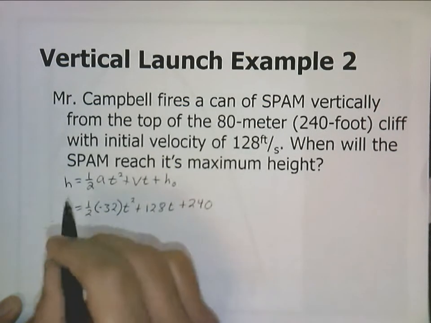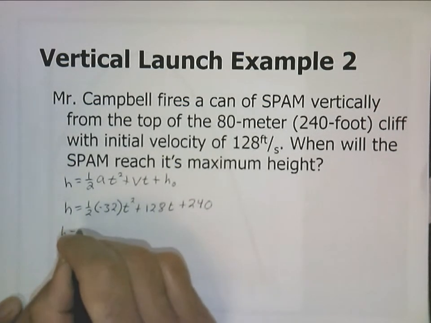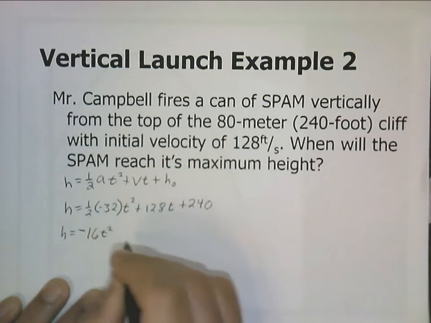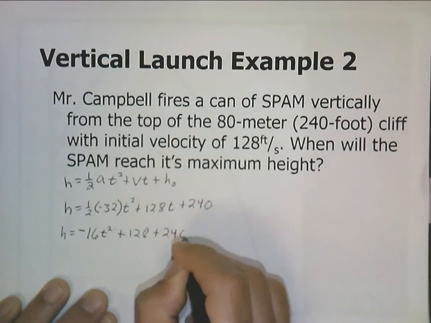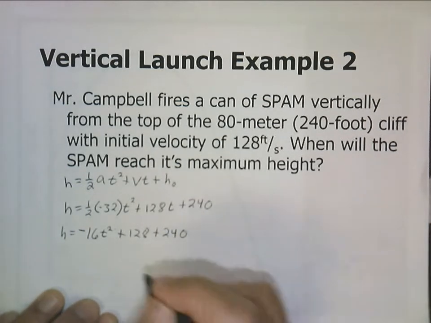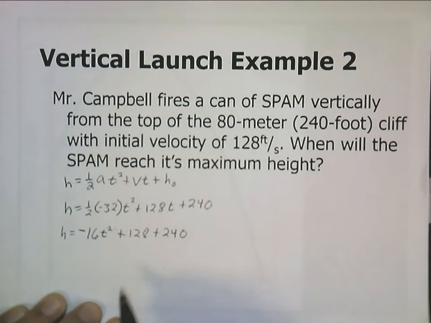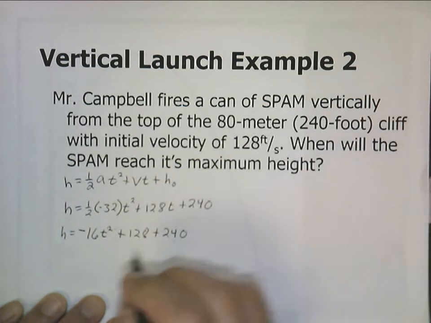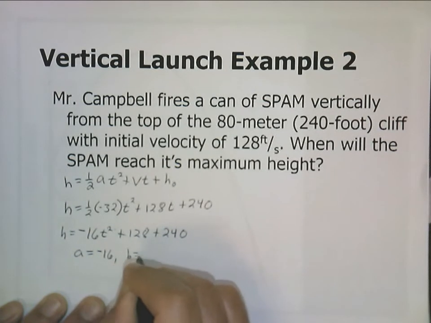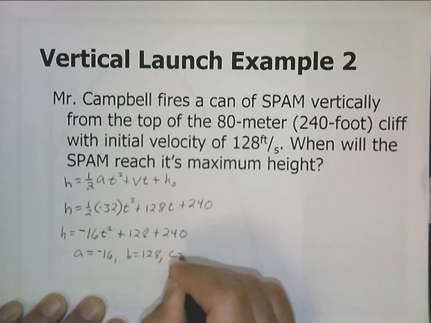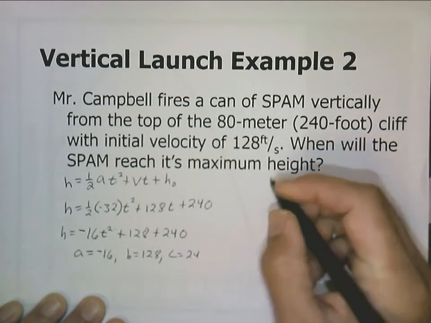Or just simplifying this here, h is equal to negative 16 t squared plus 128 t plus 240. And so the line of symmetry, or the amount of time it's going to take for the Spam to reach its maximum height, is just given by, well, let's identify here, a is equal to negative 16, b is equal to 128, c is equal to 240.